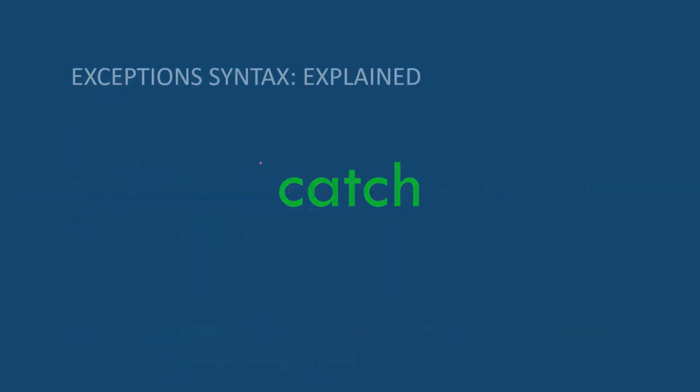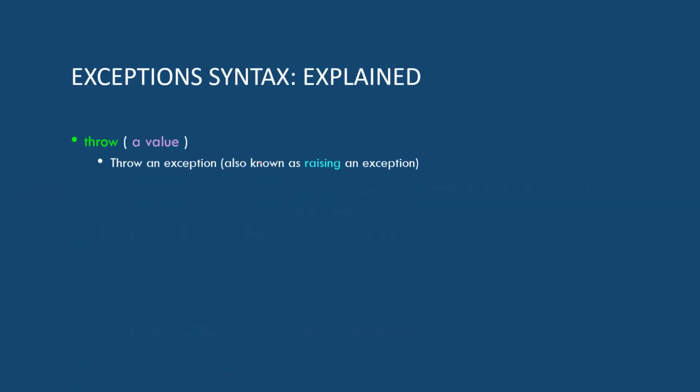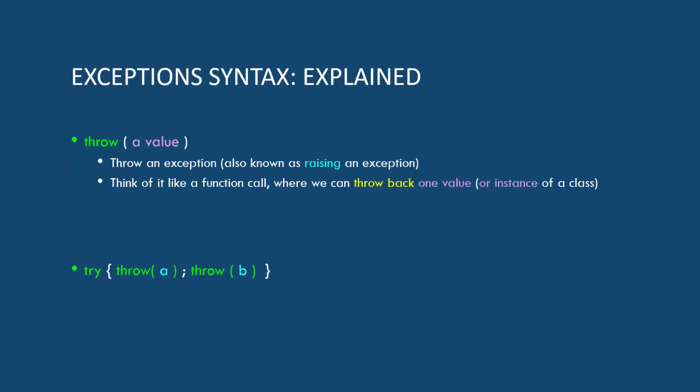Let's talk about the catcher here. When we throw a value, that exception has a particular type. We're raising that exception, and we're throwing that value back, but just not through the normal return stack. So if I say, hey, I want you to try something.